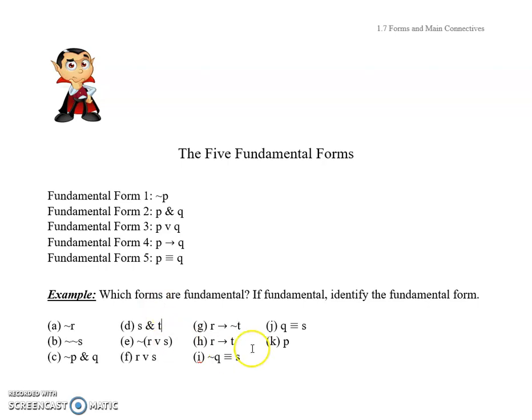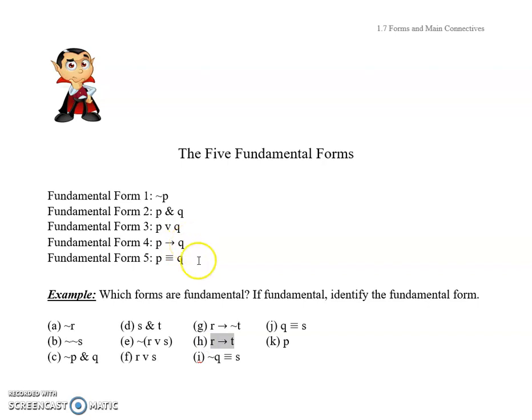Moving on, E is not a fundamental form. F is a fundamental form, and in fact, it is fundamental form 3. It's this one. G is not a fundamental form. H, however, is a fundamental form, and it is fundamental form 4.